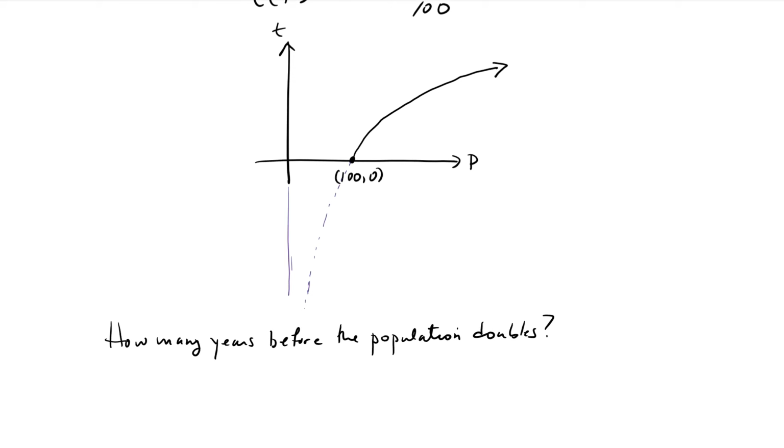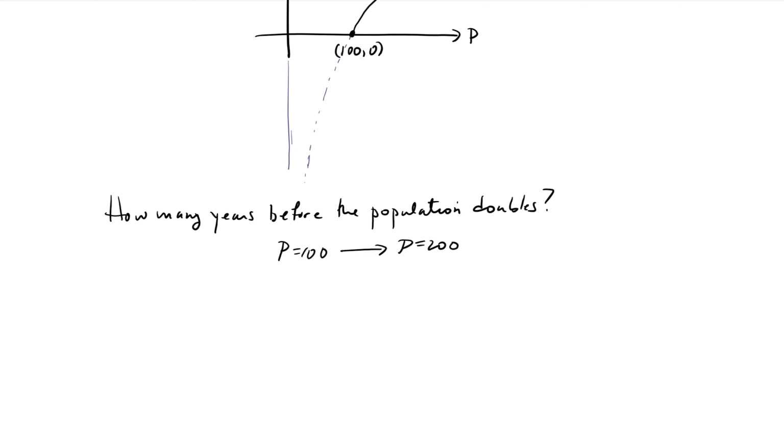Well, that means we want to go from p equals 100 towards p equals 200, right? That'd be doubling the population. So we want to know how much time it takes to do that. So here we can answer this with our t function. We just have to plug in the new population that we want. We want 200, and we're going to get how much time it takes to double the population.